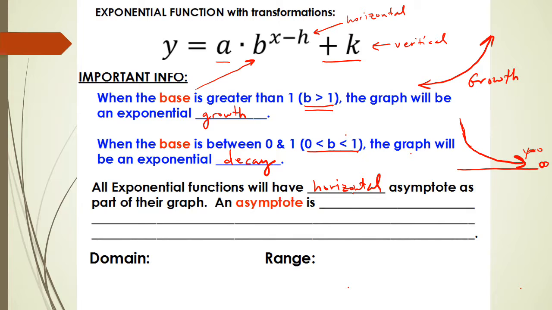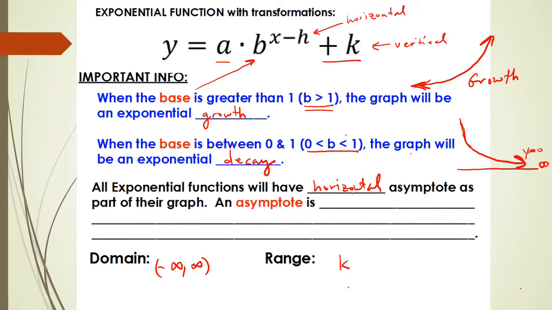As we go left on the function, we're approaching a certain value, right? The domain of an exponential function is all real numbers, from negative infinity to positive infinity. And the range will depend on the k value.